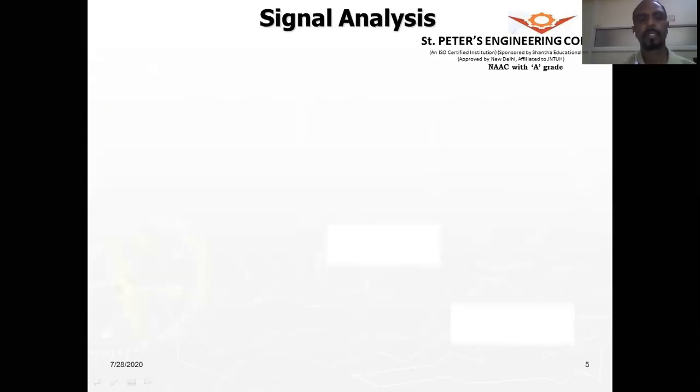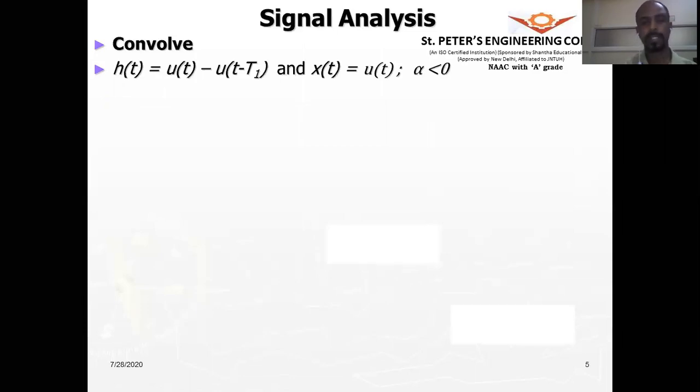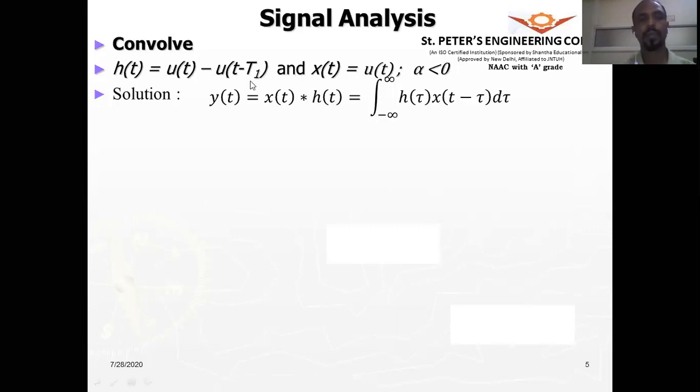Okay, next let us take another example, which is a very simple example. One is a finite signal and another one is an infinite signal. Now, as I said, u of t means it starts at 0 and goes on up to infinity. Now, u of t minus u of t minus 1. How does this signal look? u of t will start at t equals 0 and it will end at t1. If I have to draw the signal, anyway we will be drawing now.